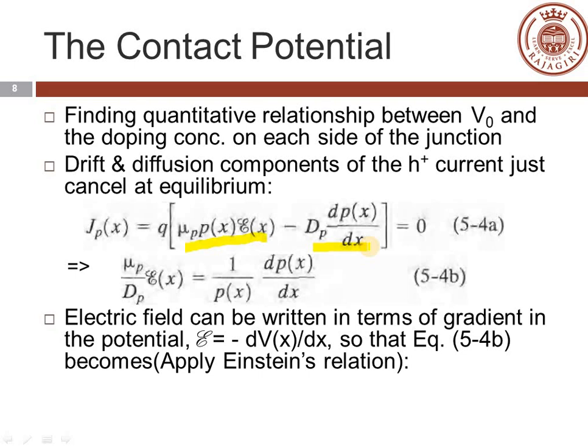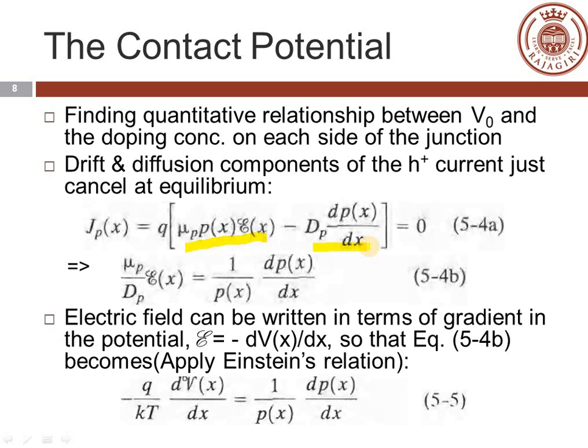If we apply that to equation 5b, and apply the Einstein relation D/μ equal to kT/q, we can rewrite equation 5b as minus q/kT times dV/dx is equal to 1/p(x) times dp/dx.